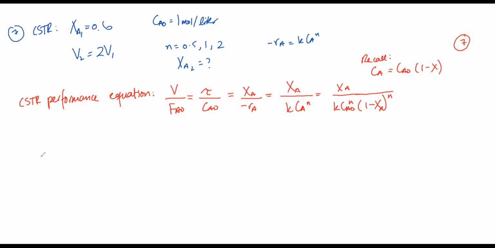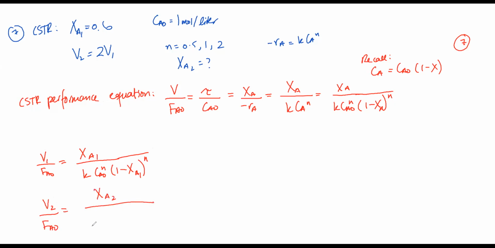V1 over FA naught, and we're being told that the flow rates are the same, so the FA naught does not change, is equal to XA1 over K CA naught to the N, 1 minus XA1 to the power N, and similarly V2 over FA naught is equal to XA2 divided by K CA naught to the N, 1 minus XA2 to the N. Okay, so what I'm looking for is XA2.